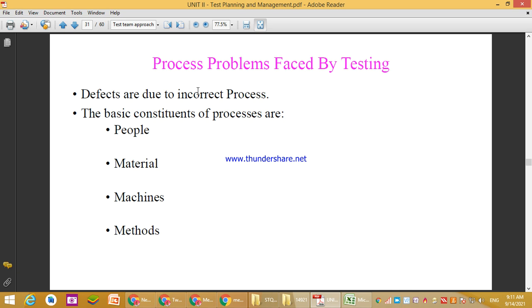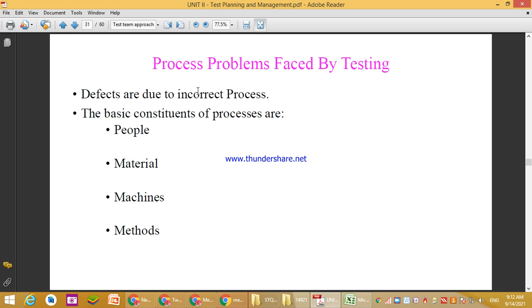What is meant by people? People may be the testing people also, who are doing the testing, because the approach of the tester, the way in which he is doing the testing, the considerations by the testers, also become a problem, because this comes under process problems.